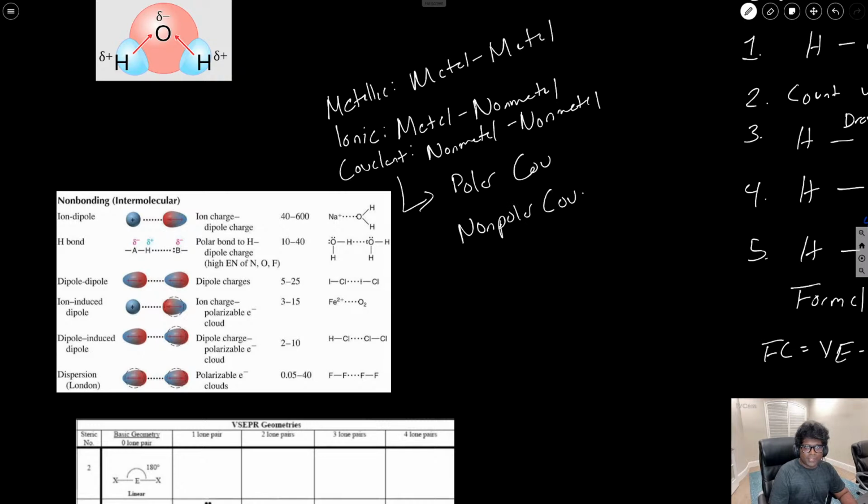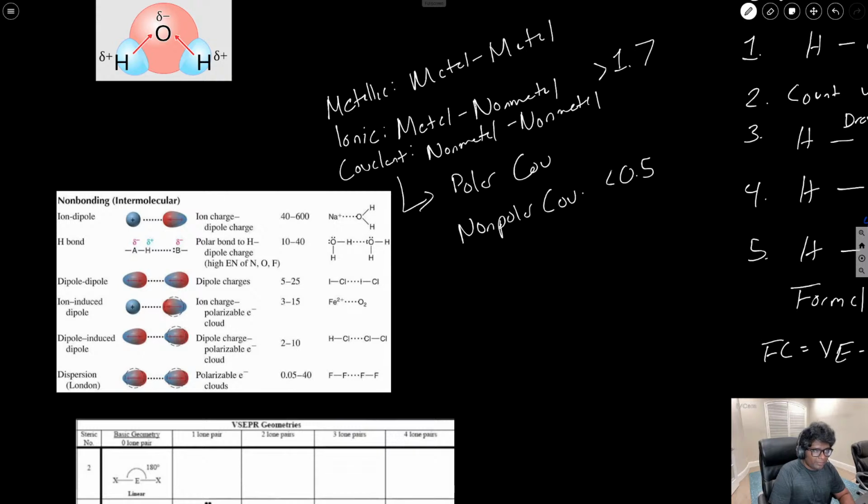I want to stress this about ionic and covalent. The way you distinguish them when you're not given enough information is electronegativities. If the electronegativity difference is less than 0.5, this will be a nonpolar covalent molecule. If it's greater than, I believe for the MCAT it's 1.7, you will be going into ionic territory.